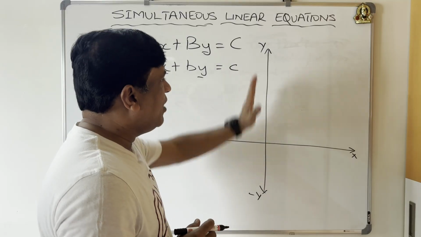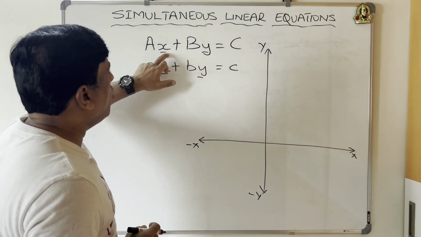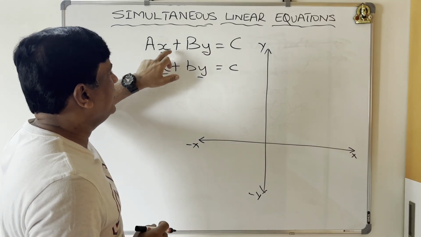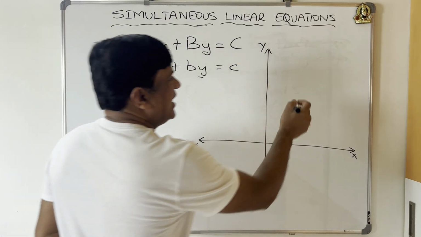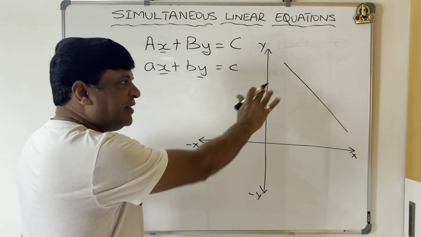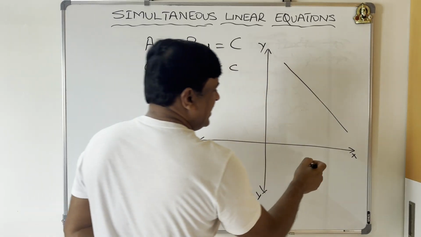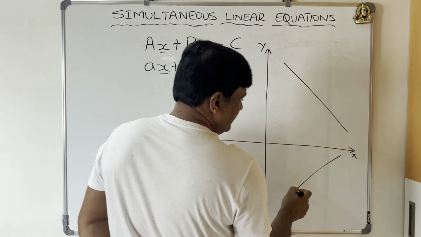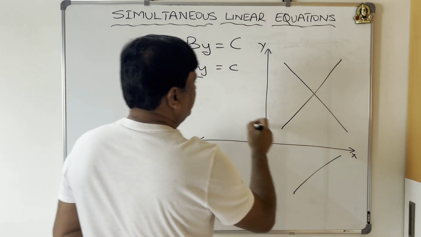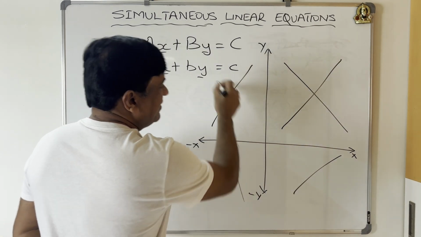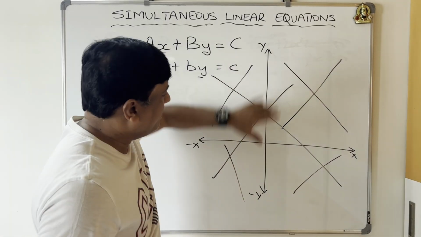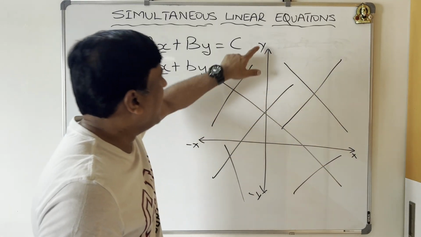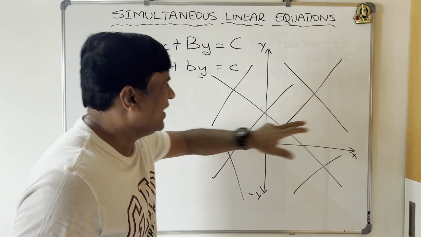Now when we talk about an equation like ax plus by equal to c, it may lie anywhere on the plane. It can be like this, it can be like this, it can go like this. It is in that plane of x and y.